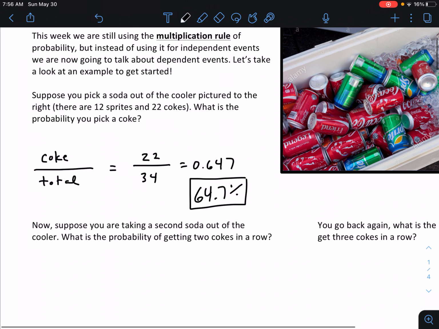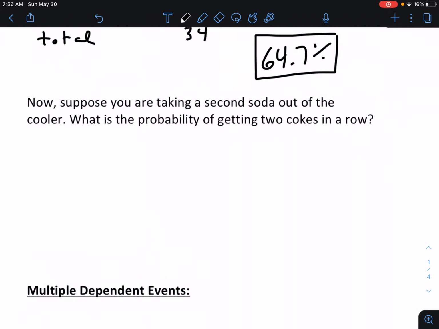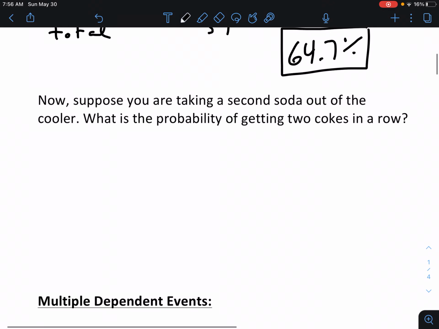All right, now, suppose we are going to take a second can out of the cooler. What's the probability of getting 2 Cokes in a row? Well, we're going to do the same thing where we have Coke out of the total, right? And so we know the first fraction, it's still going to be 22 out of 34 because we're starting over again. All the cans are back in there, right? And so this is our first pick, 22 out of 34.